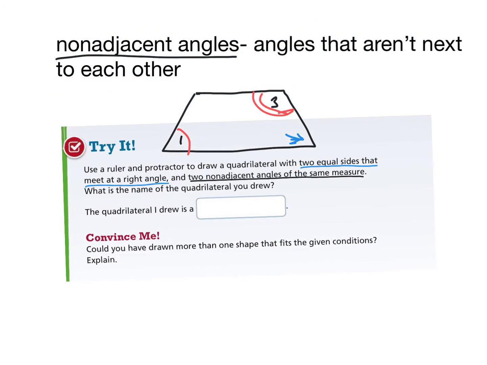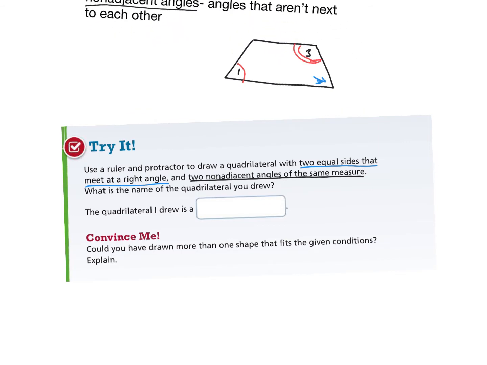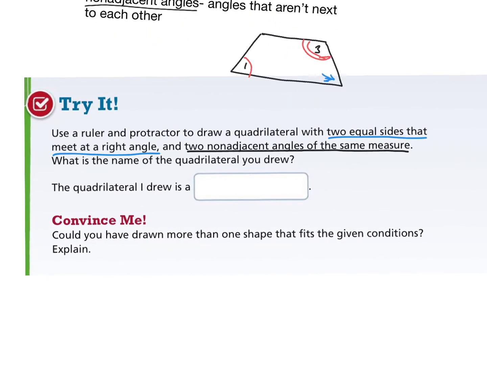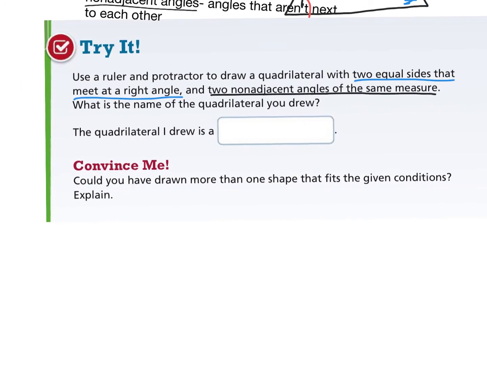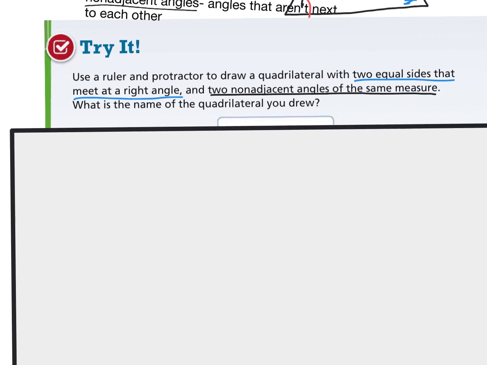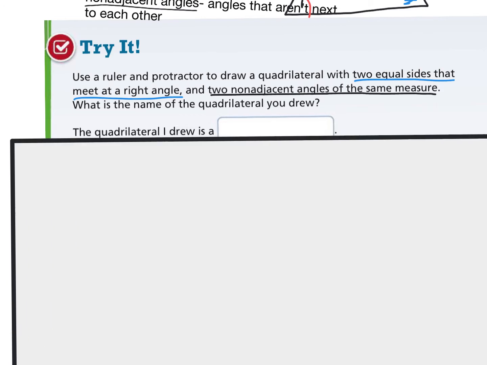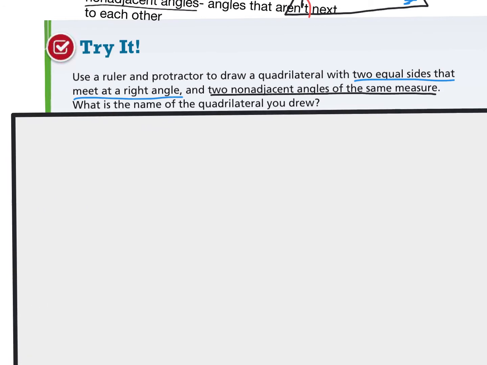So if we go back to our problem, we have 2 equal sides that meet at a right angle. So we'll try to do that here.